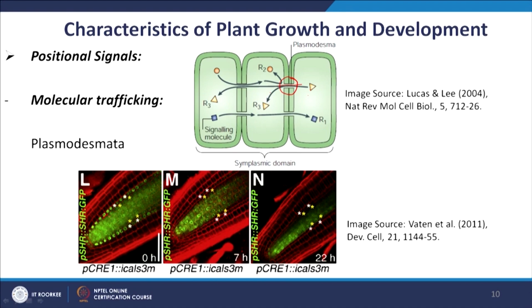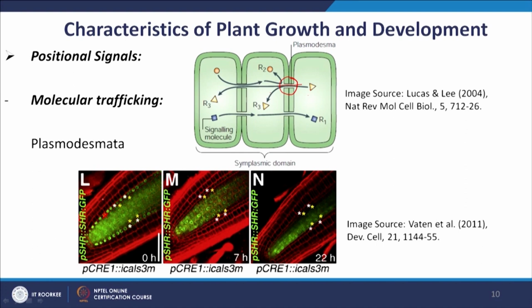As in the previous slide I showed you, the short root proteins are being transcribed and translated in the vascular tissues, and then the protein is moving to the endodermis. If somehow we block the plasmodesmata present in the cell wall between the endodermis and the vascular tissue, we should block the movement. And this is what you can see here.